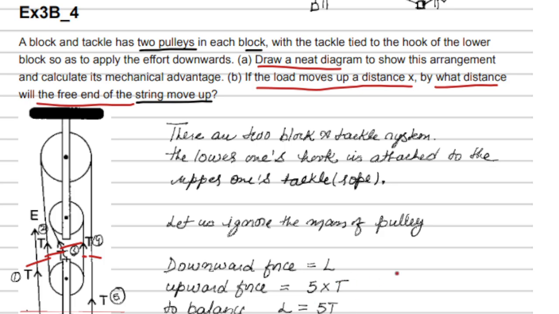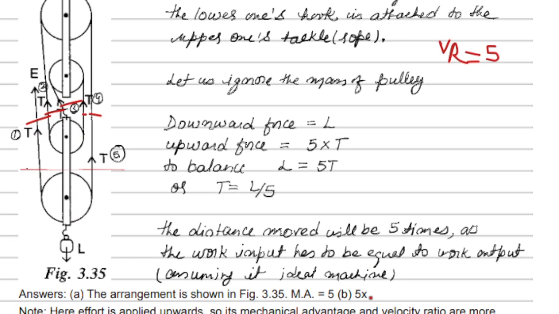So the velocity ratio is 5. What does that mean? That the effort has to move 5 times. So if the load moves x, the effort will move 5x. That is how we can calculate.